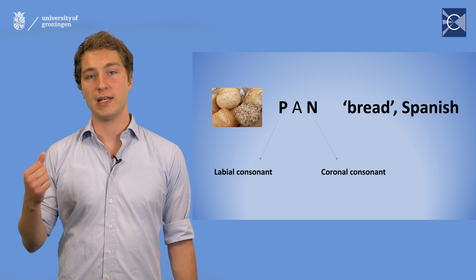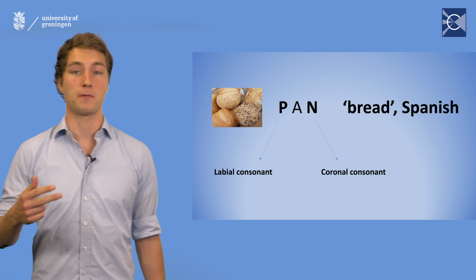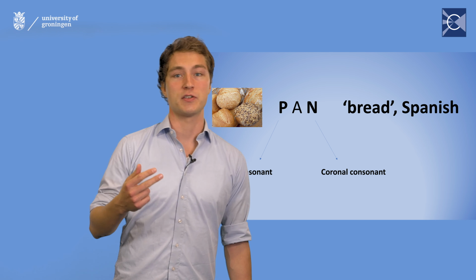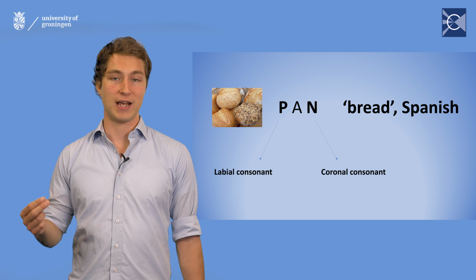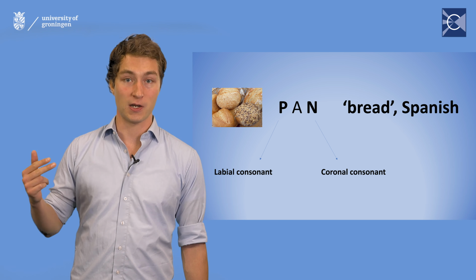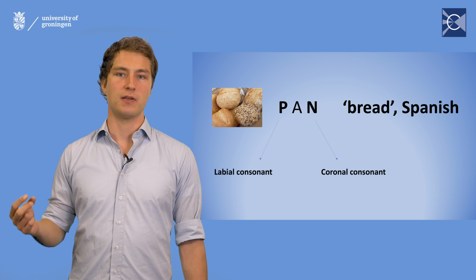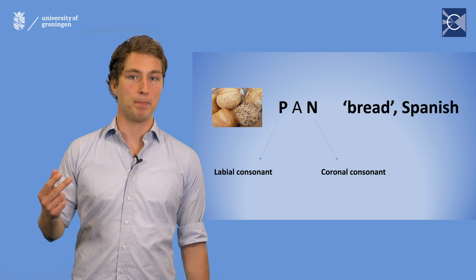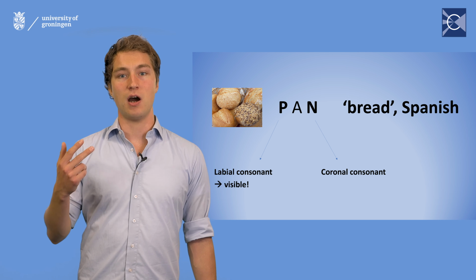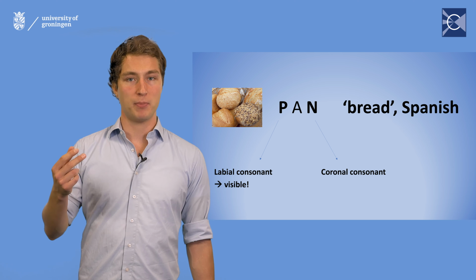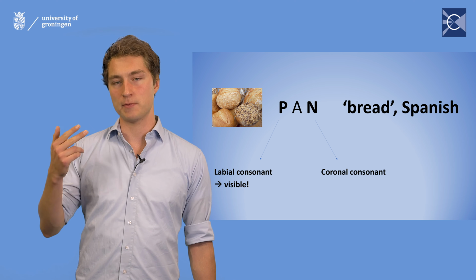It's pronounced with the lips. And the last consonant of the word, n, is a coronal consonant, which means it's pronounced with the front part of the tongue. And what's interesting to know about labial consonants, like p in pan, is that they're highly visible. As you pronounce p, you can actually see the lips move.